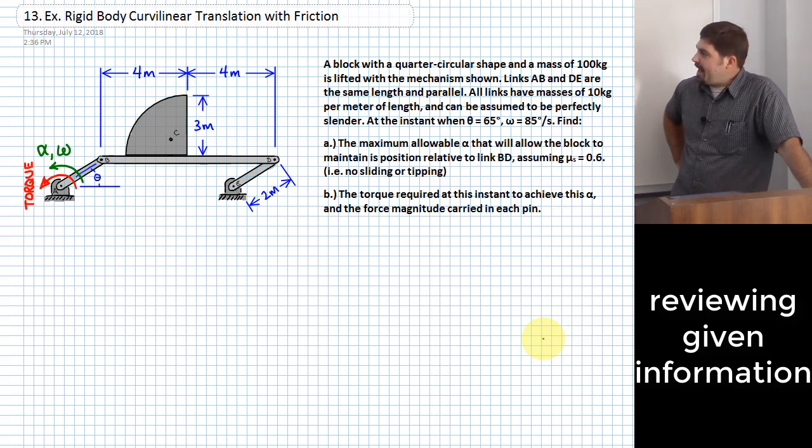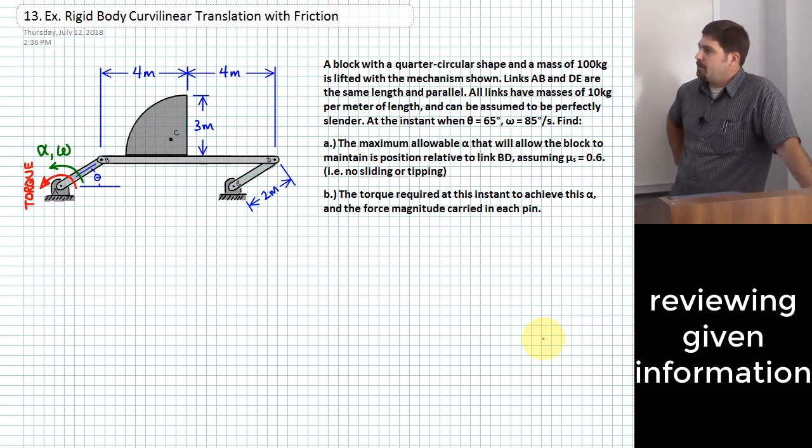All right, and at the instant when we have theta equal to 65 degrees, we're going to assume that our omega, the angular velocity shown there, is 85 degrees per second. What we want to find are a couple things.